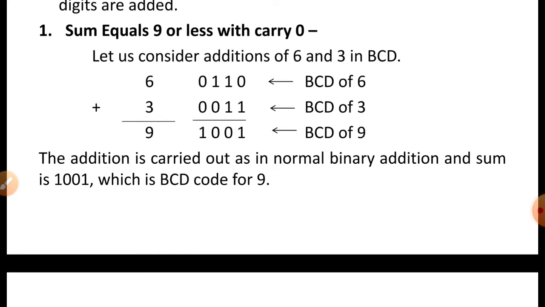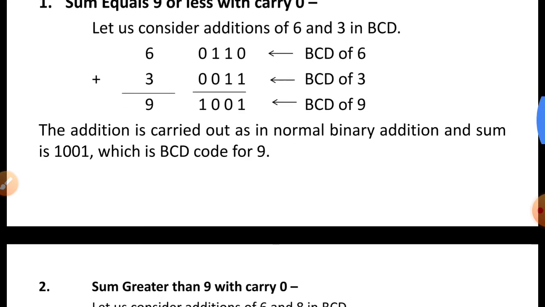This is simply normal binary addition, but if the sum is equal to 9 or less than 9, then we do not have to worry. The result we get after the addition of two BCD numbers will be in the BCD form.